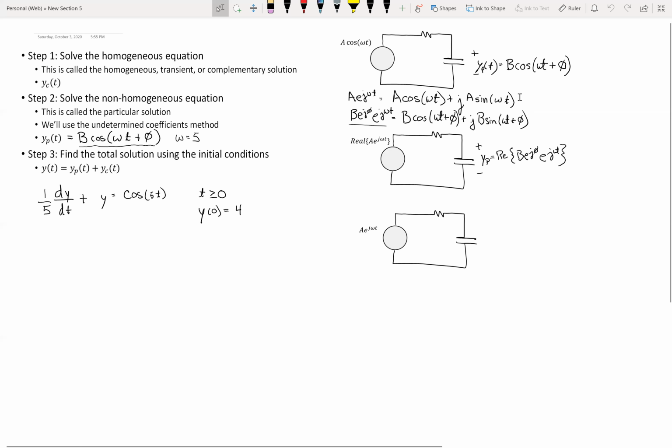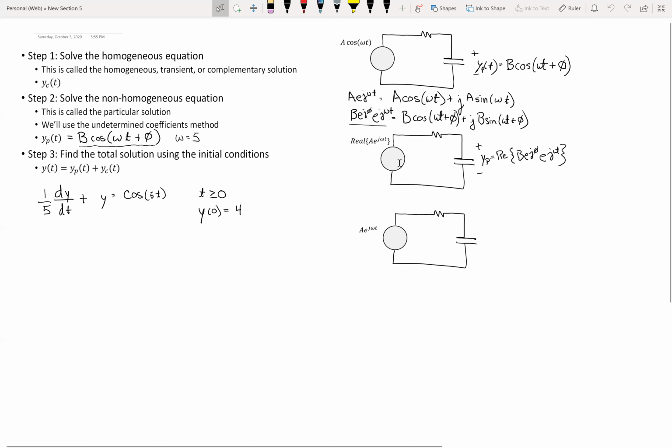So what we say is, we could redraw this circuit as what's shown here in the middle, and A cosine omega t is also the real part of A e^(j omega t). In other words, the voltage source here and the voltage source in this middle circuit are the same voltage source.